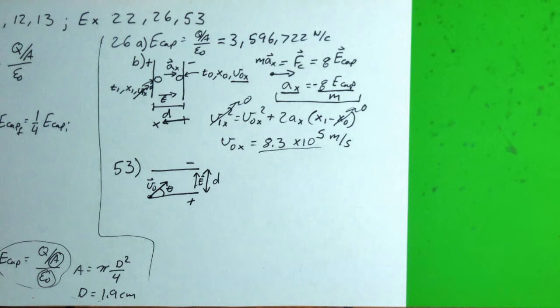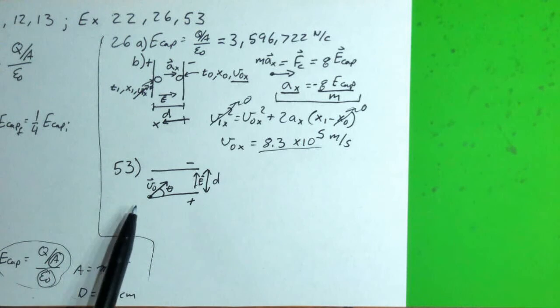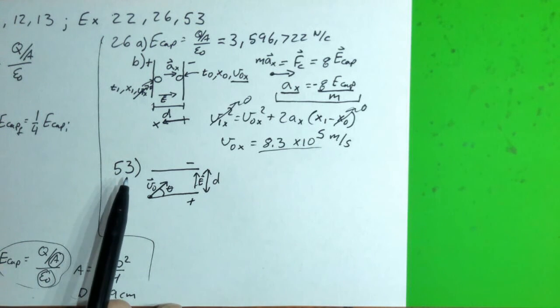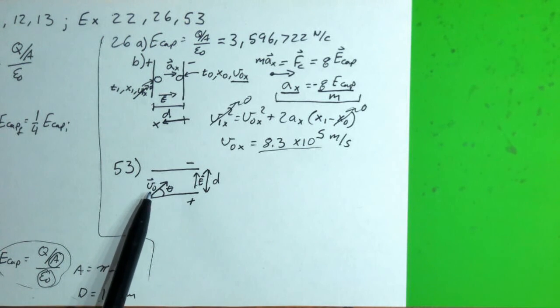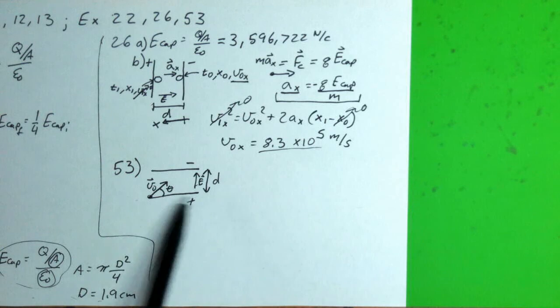Okay, so hopefully you saw that you can. The only difference here is that we have two components. The particle has a component moving along the gap, and a component making it move across the gap. Now, it just so happens in this problem, you don't even need to worry about the horizontal component.